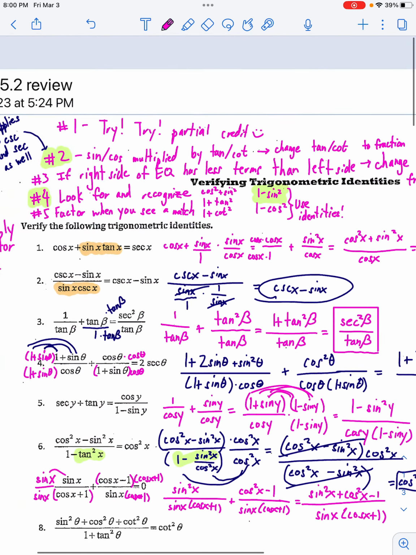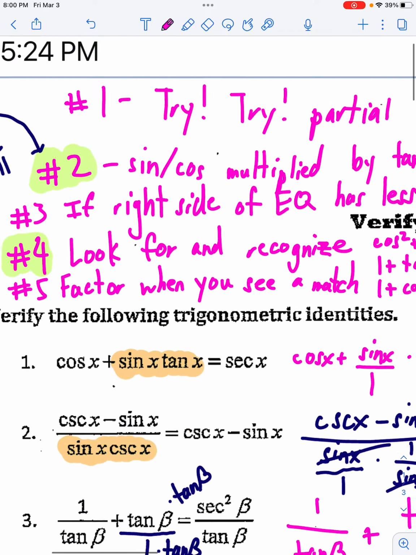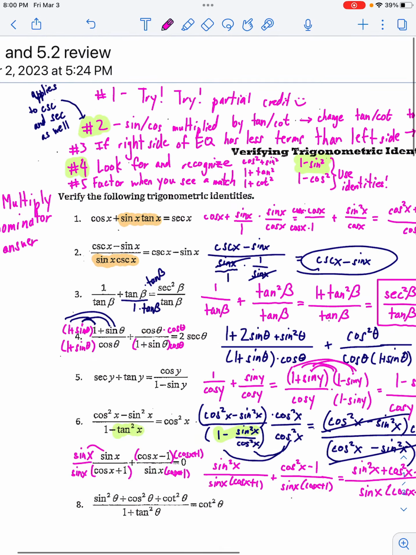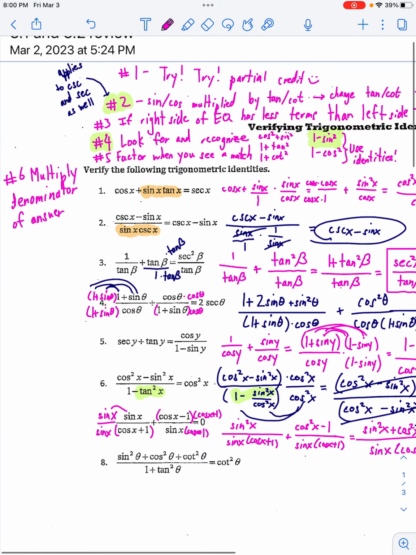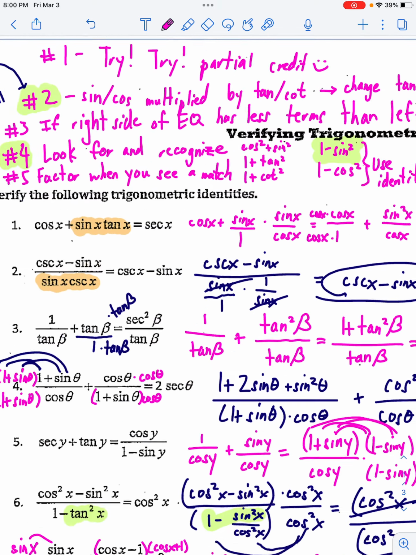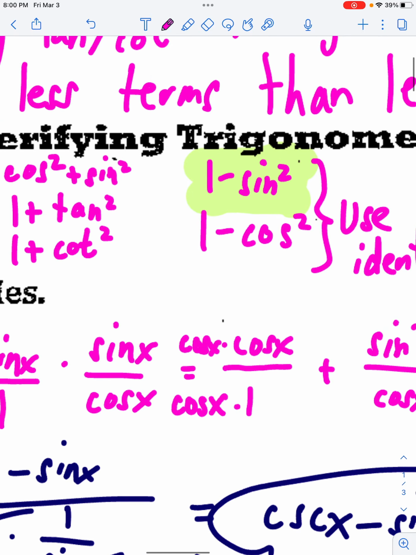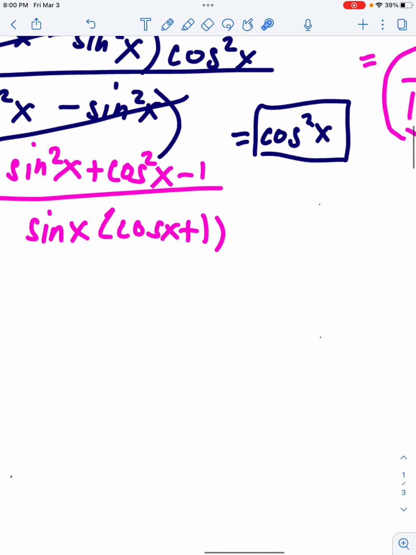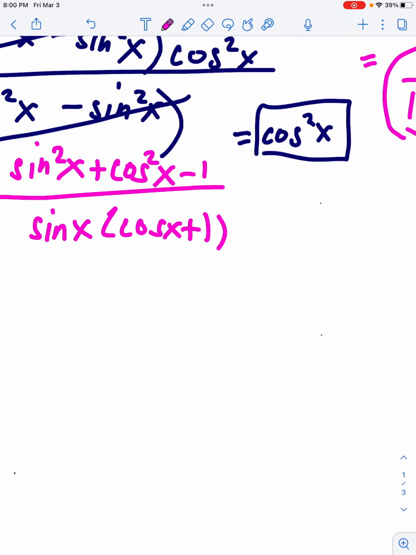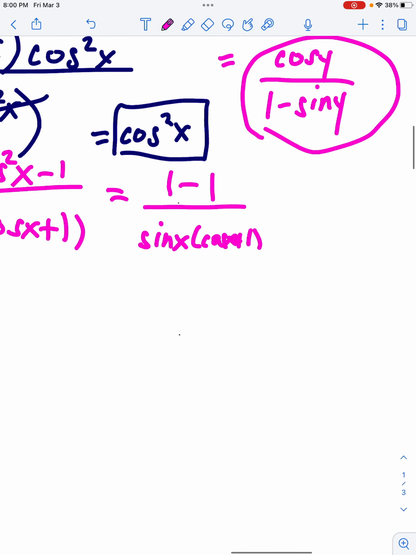Same trick, right? I'm using these same 5 tricks over and over again. A little bit of 6 going on. But recognize these 5, okay? I've got a cosine squared plus sine squared here. So that's going to become a 1 minus 1 on top over my denominator.